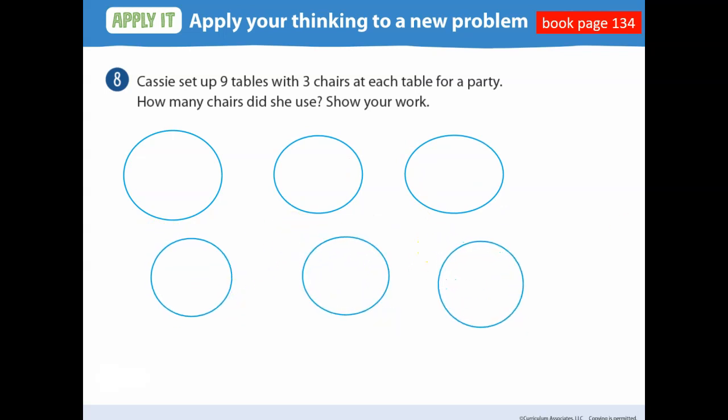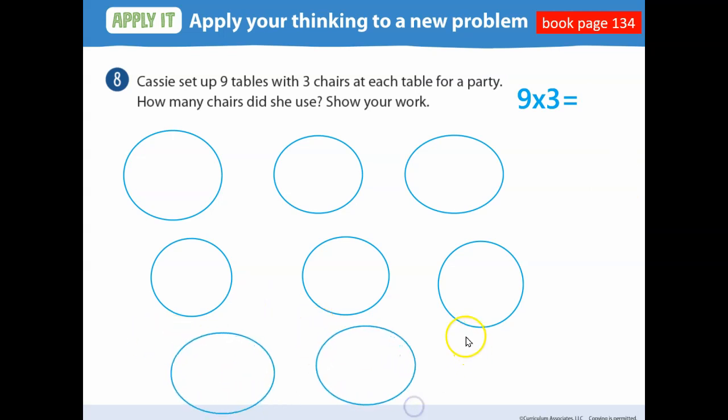The first number, and by the way, it's 9 times 3, right? That's the multiplication fact. So the first number tells me how many groups I have. And then the second number tells me how many in each group, correct?